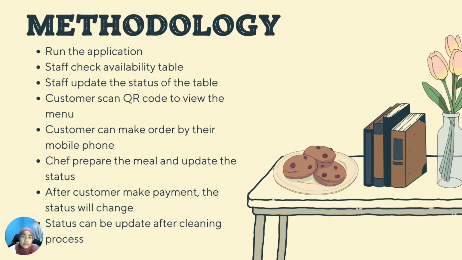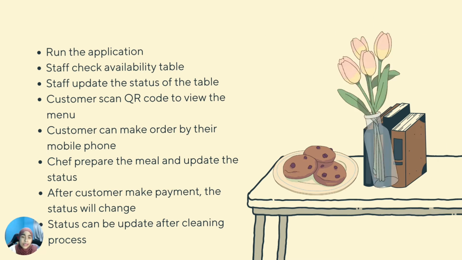After the customer gets their table, the customer will scan the QR code to view the menu and make an order by using their mobile phone, and then the chef will prepare the meal and update the status. After that, the customer will make the payment and the status also will be changed. And after the cleaning process, the status can be updated.